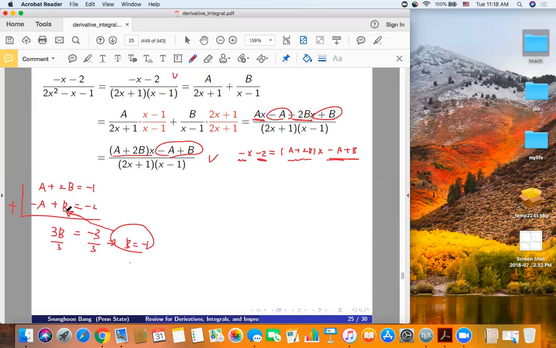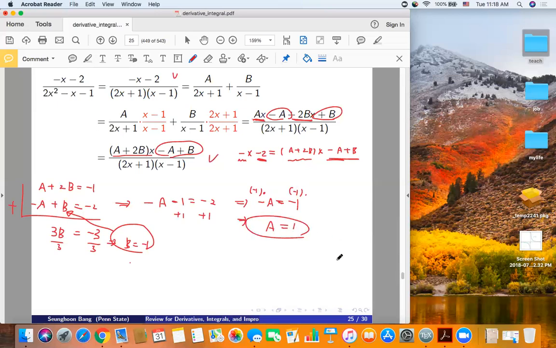So we have negative a minus 1 equals negative 2. Add 1 to both sides, so minus a equals minus 1. Multiply both sides by minus 1: minus 1 times minus a is a, minus 1 times minus 1 is 1. So a equals 1, b equals minus 1.